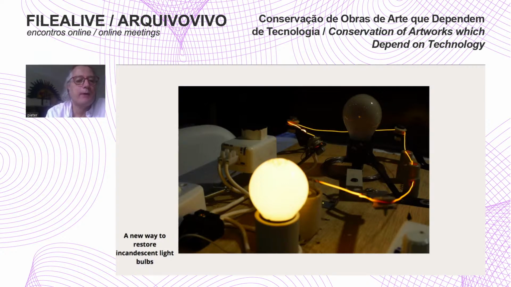Our illuminator, our specialist in illumination, developed a new form of repairing these works. So what we do is we try to find out which are the original light bulbs that are inside and use these bulbs, open them with a special technique and put a LED light inside with the same intensity and the same light color as the incandescent light bulbs.